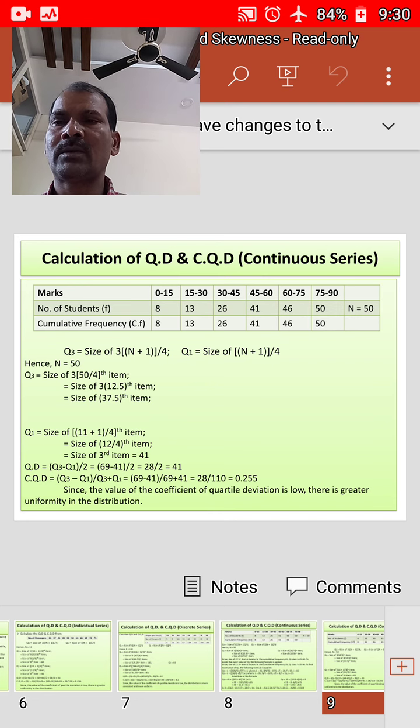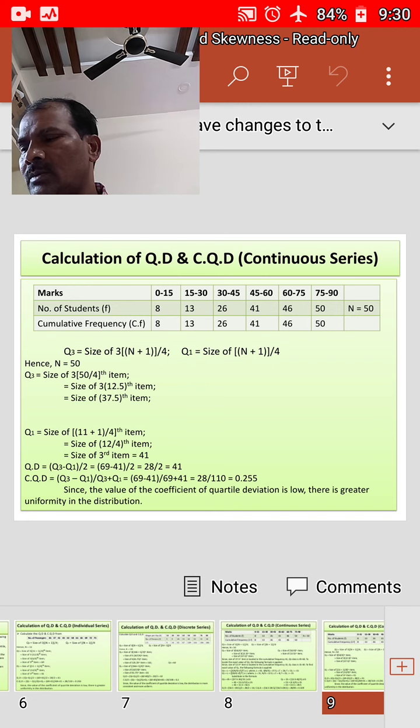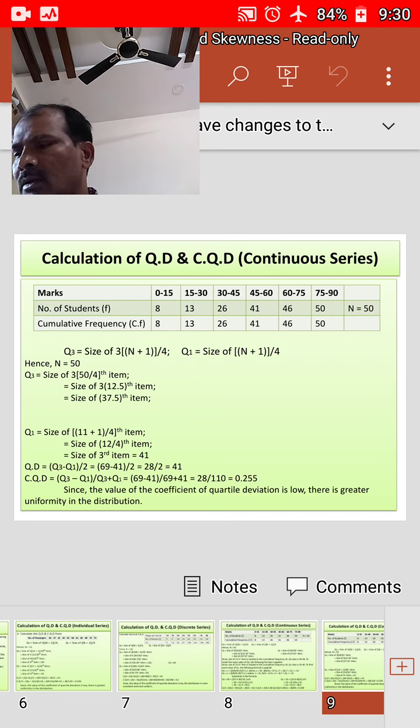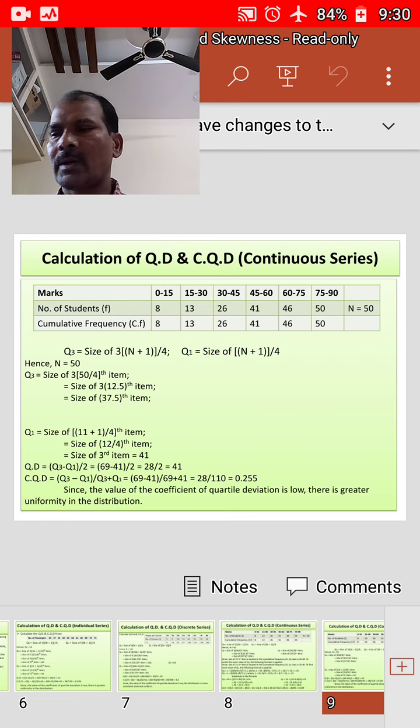Then the classes will be 17.5-21.5, 21.5-25.5. The same procedure applies. When it is given in the inclusive method, we need to convert it into the exclusive method and then find the formula.